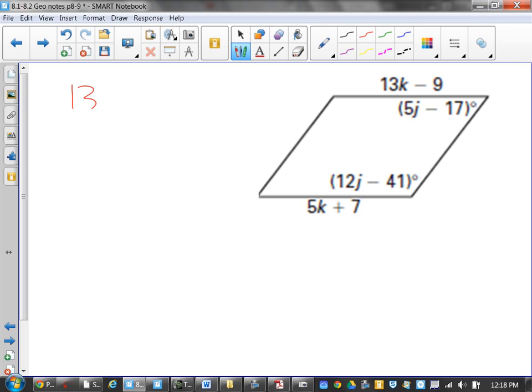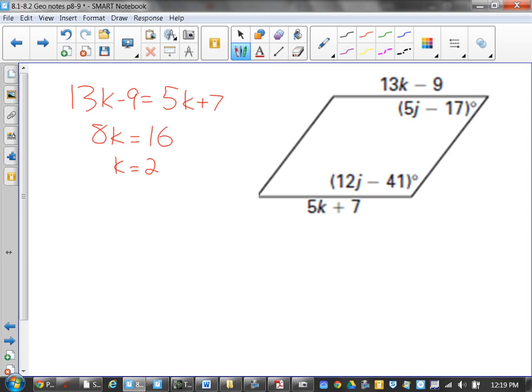Just set them equal to each other because they're opposite sides. Variables on both sides of the equation, what do you do? Subtract, subtract 5, add 9, so we get 8k equals 16. What times 8 is 16? So I get k equals 2.